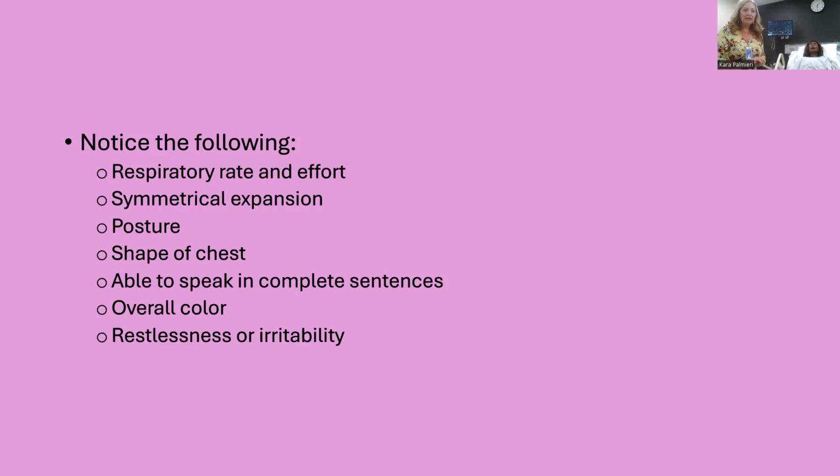All right, looking at symmetrical expansion. If you look in your resources, it's going to show you putting your hands on the patient and watching your thumbs move out to the sides like this. You can assess expansion without doing that.